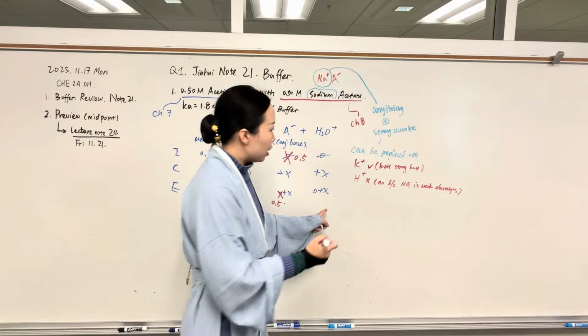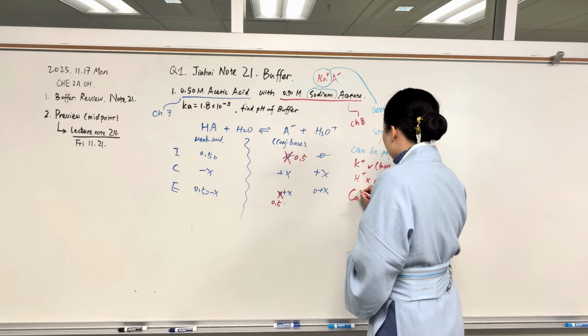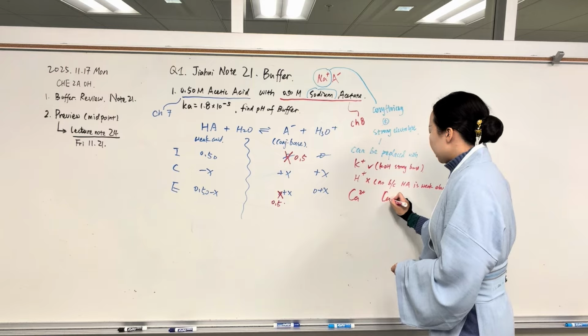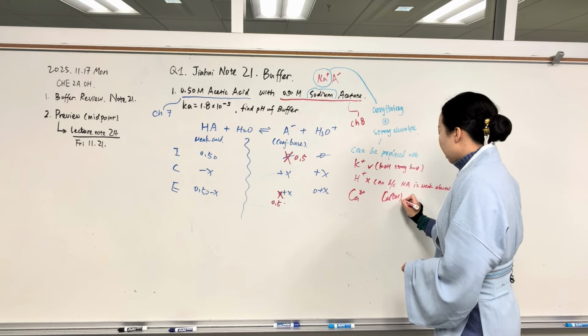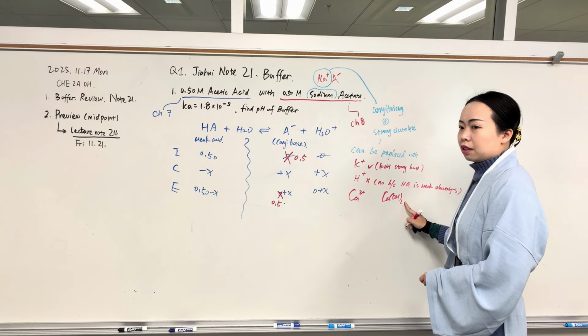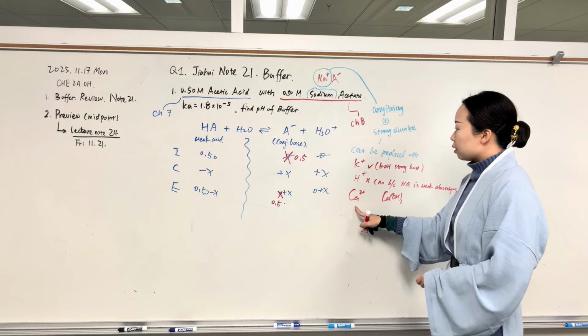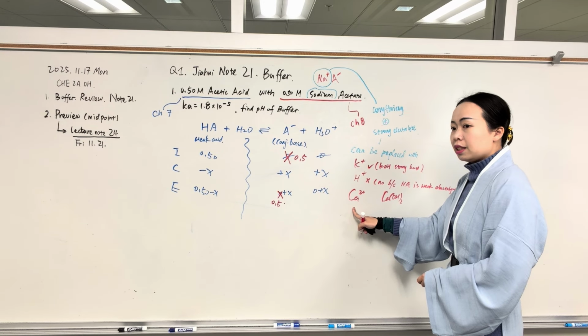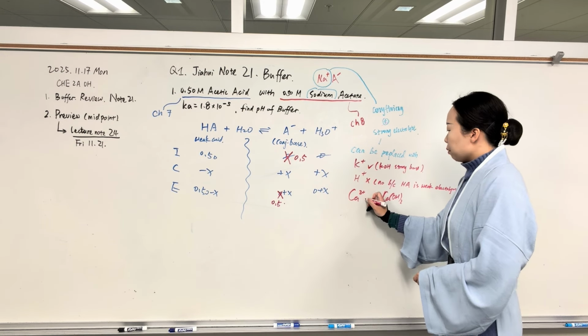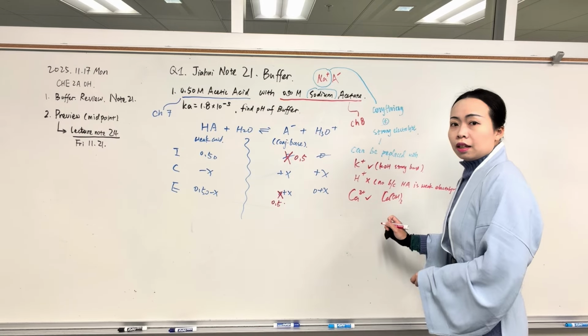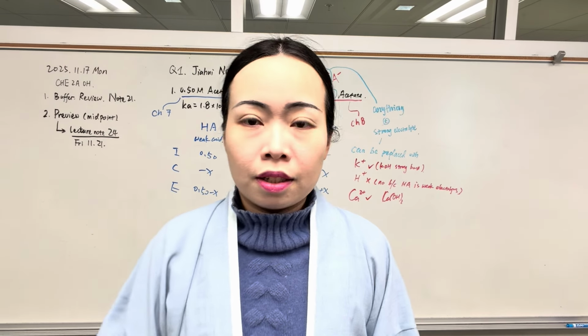Calcium? Okay, calcium. You tell me if Ca(OH)2 is a strong base or not. Strong. Okay, then that will be a strong electrolyte, so it will also work. Would magnesium work?